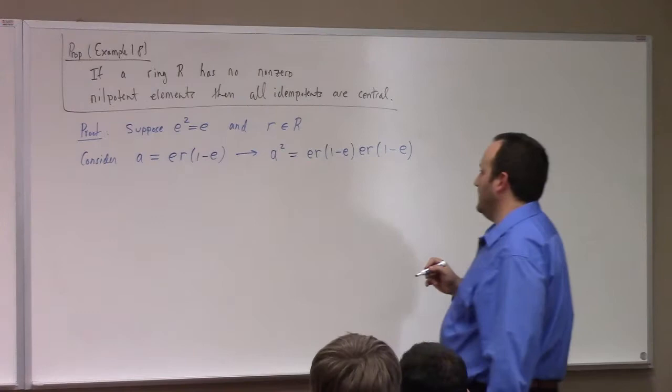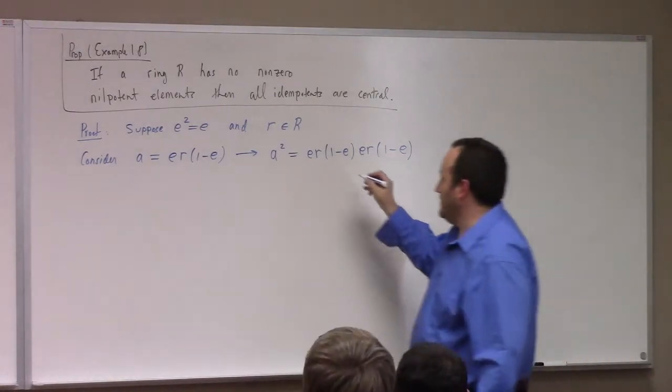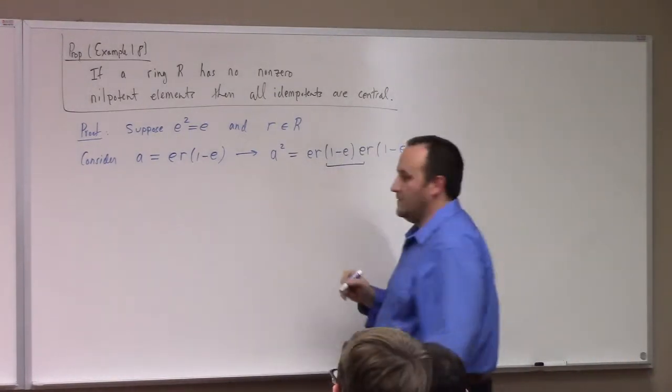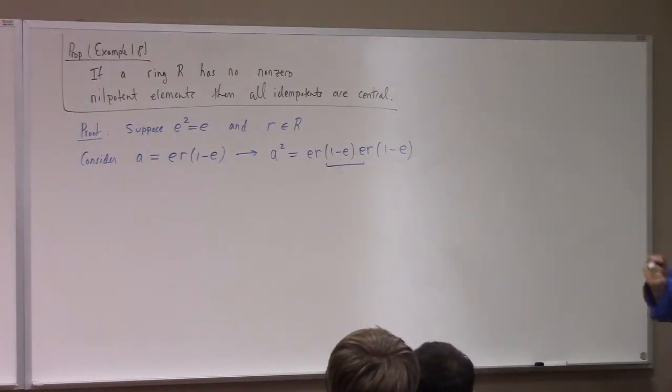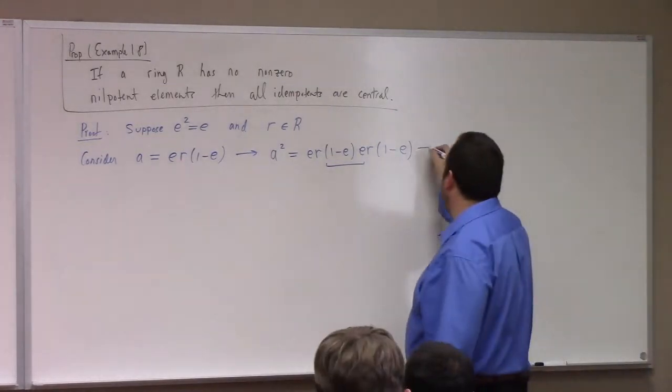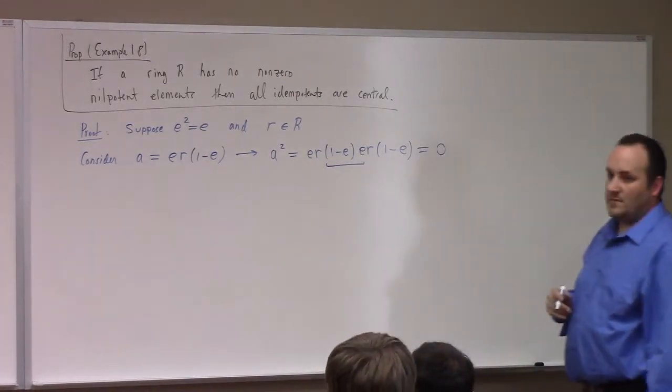You see what comes up? That fundamental thing that goes to 0 for an idempotent: the product of E and 1 minus E, that's 0. And so this is 0.